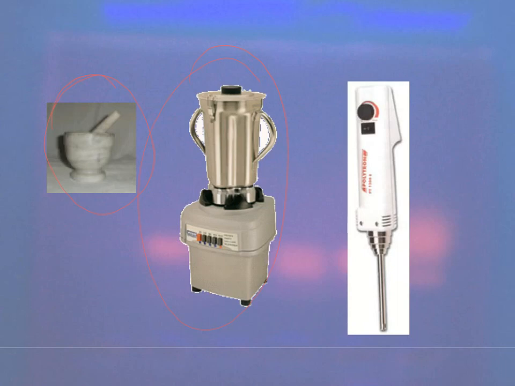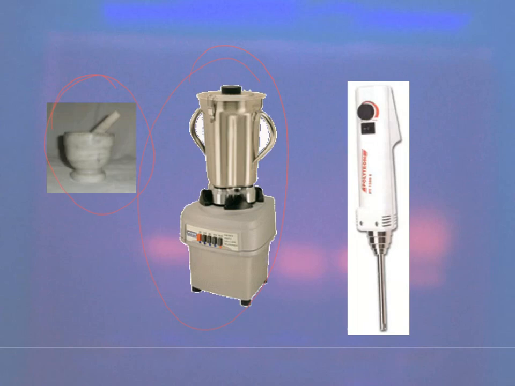All right. Now, one thing that we do have in the lab here, which is really cool, that I used as an undergrad and as a graduate student as well, and that Nolan used this last semester, is called a sonicator. And what does a sonicator use in order to break open the cells? Sound waves.